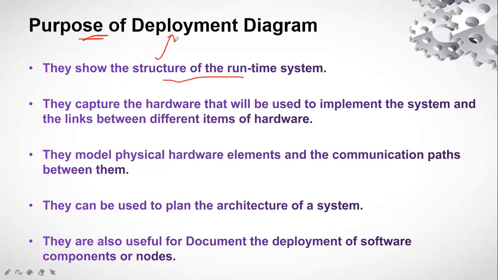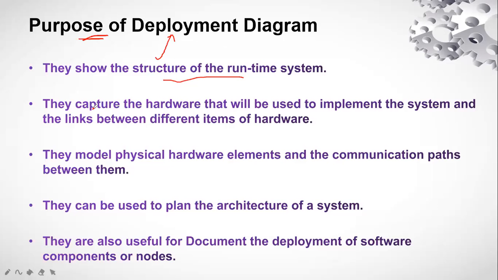Example, let's say you have a client server system. In that system, a program is running on the hardware, on the server, the client needs to send a request to the server, and then the server is going to respond to the client. So that defining of structure during the runtime process, as we see on the internet, is given by the deployment diagram.